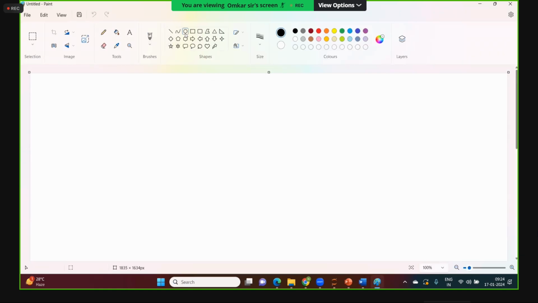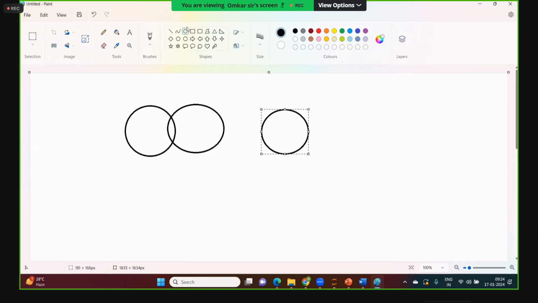So A is one event, suppose A is one outcome and B is another one, like this. Similarly, this is one case and this is another case.